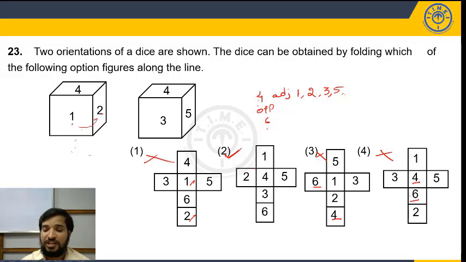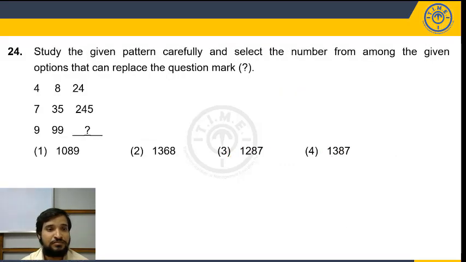Now see the next question. Study the given pattern carefully and select the number from among the given options that can replace the question mark. Now, what are the given numbers? 4, 8, 24, 7, 35, 245, 9, 99 and the missing number.